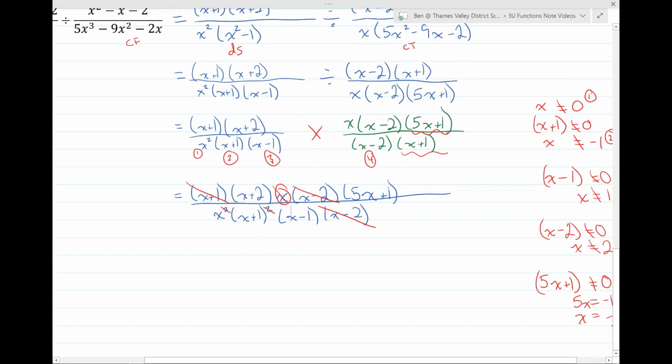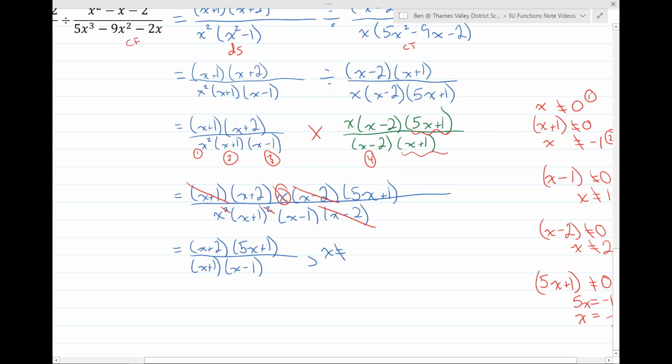Let's rewrite this. We're left with x plus 2, 5x plus 1, divided by x plus 1, x minus 1, and then we restate our restrictions.